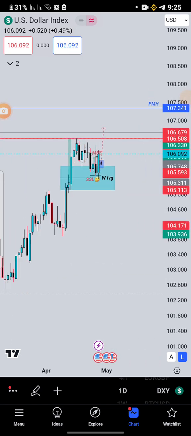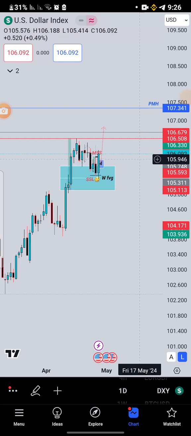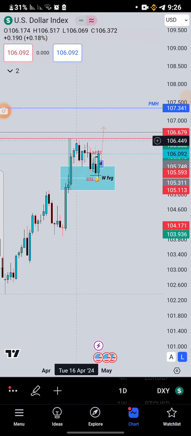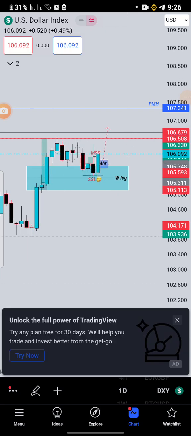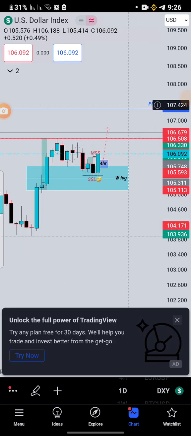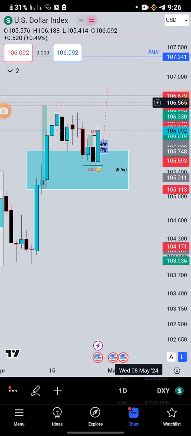So this is the level I want to see the market gravitate to, also paired with this buy side liquidity above there, before seeing this previous month high being engaged.